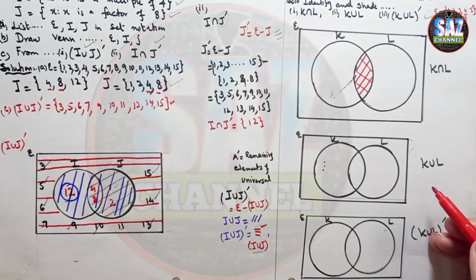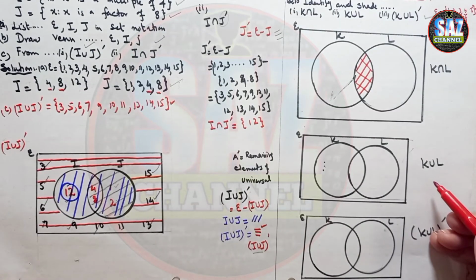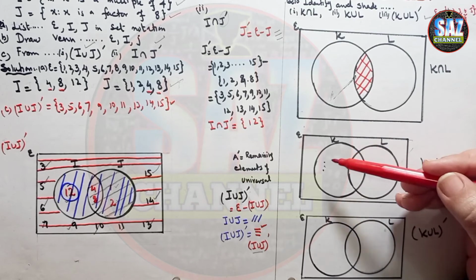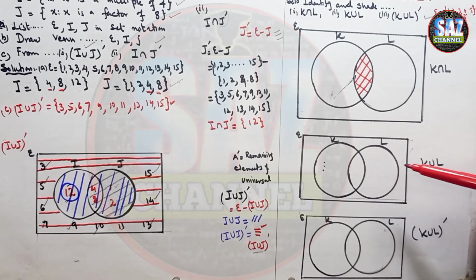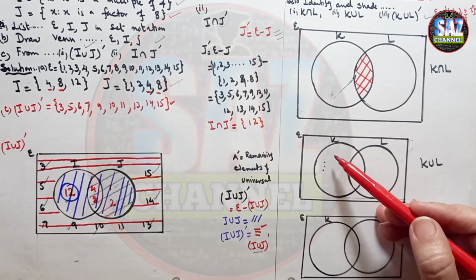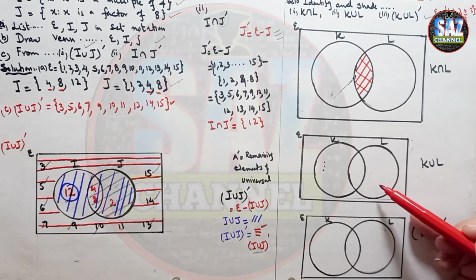Coming to the union, when we talk about the union, we know that union means the collection of all the elements. If we find difficulty in how and where we are going to shade this diagram, we can find the union in our mind of this set. That is, union will contain 2, then 3, then 4, then 5, then 6. It means in union, all the elements of both the sets are coming.